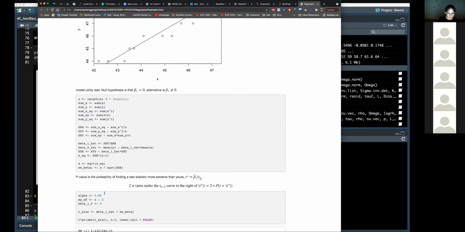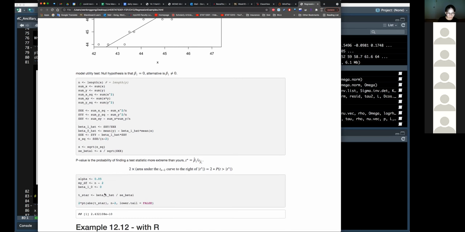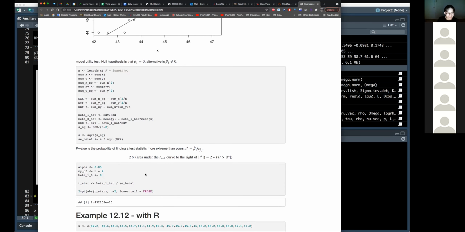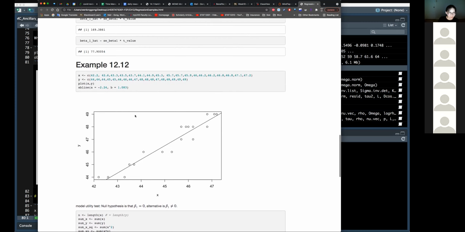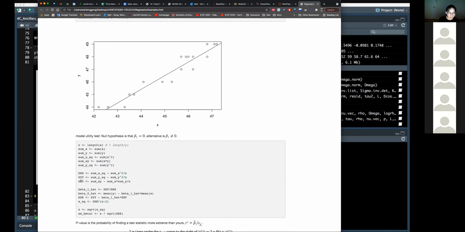For this one, we are doing our hypothesis testing. We are repeating what we did for calculating SSE, the estimate for sigma squared, to calculate our S squared.